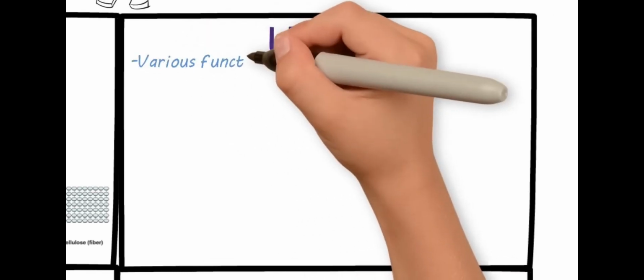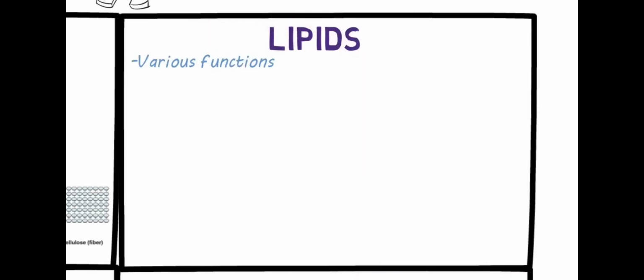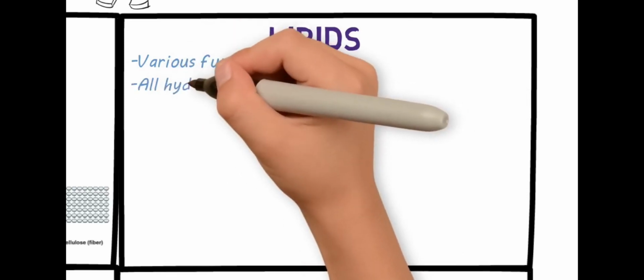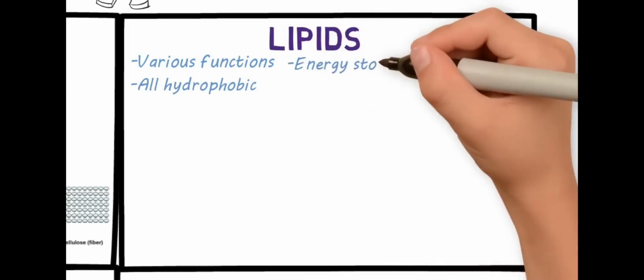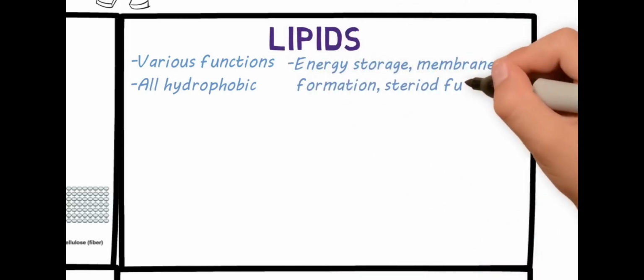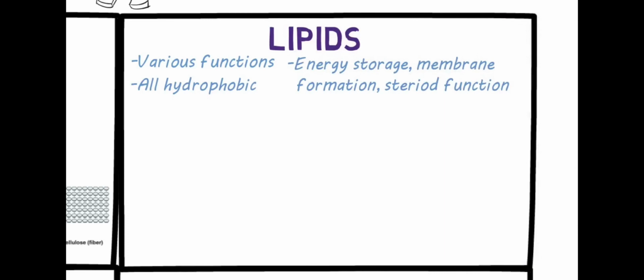Moving on to lipids. Lipids have a variety of functions in living organisms, and there's a lot of things lumped into the category of lipids because they're all hydrophobic. All right, some functions include energy storage, cell membrane formation, and steroid function. They have no real monomers. They just are what they are.